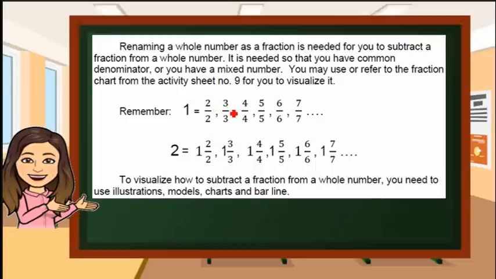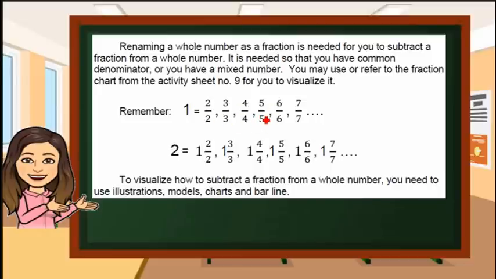Then 1 is still equivalent to 3/3 if it is divided into 3 parts, because we have 3 1/3 in a whole. Then still it is equivalent to 4/4 because the whole is divided into 4 parts and we have 4 1/4.